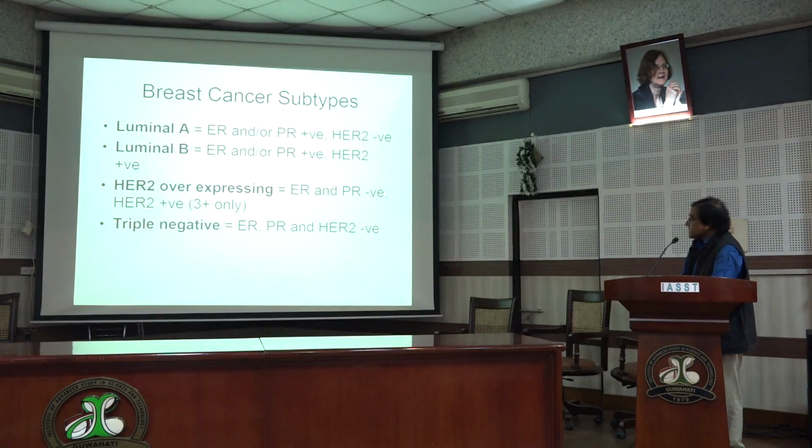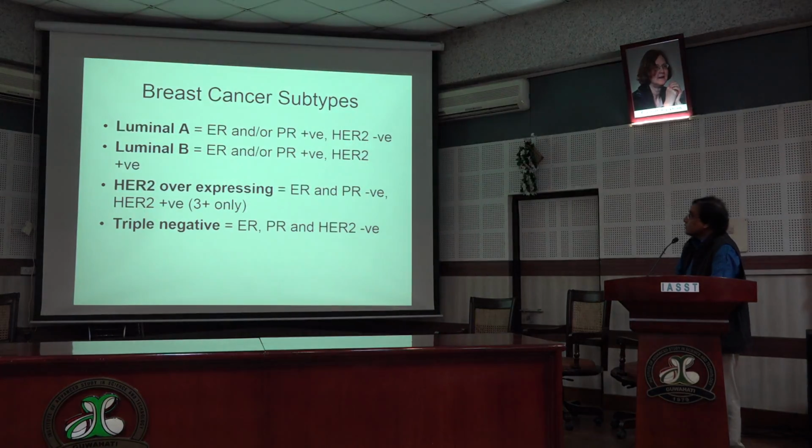If I show you the next slide, these are the subtypes. Luminal A, where estrogen receptor and progesterone receptor are positive and HER2 negative. I think the majority of you know that. Luminal B means all 3 positive. And HER2 overexpressing, where ER and PR are negative, and triple negative, where ER, PR and HER2 are all 3 negative. These are called basal-like breast cancer.